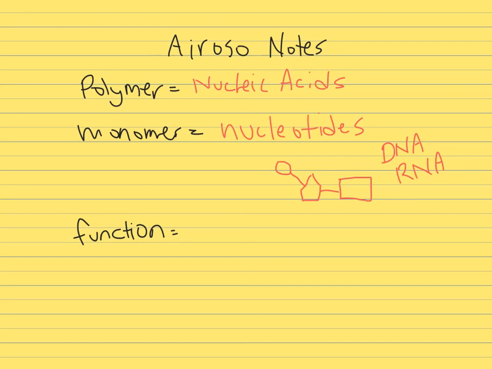Now, what is the function of these nucleic acids that you have in your cells? Remember, these are found in the nucleus of your cells. But anyways, what's their function? They transmit and store your genetic information.